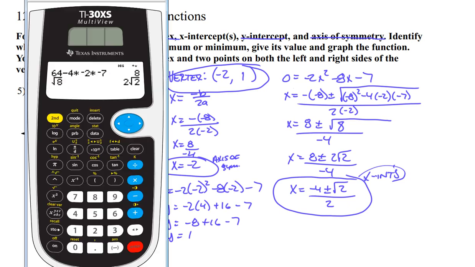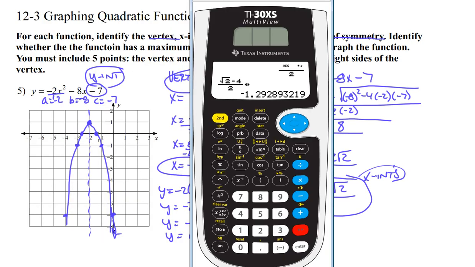Okay. All right, just to show you that we're in good shape here, let's do negative 4 plus the square root of 2, oops, not times, but plus. That gives us that, and then we divide that whole thing by 2, and we get our decimal answer, negative 1.29, which is going to be that spot right there.